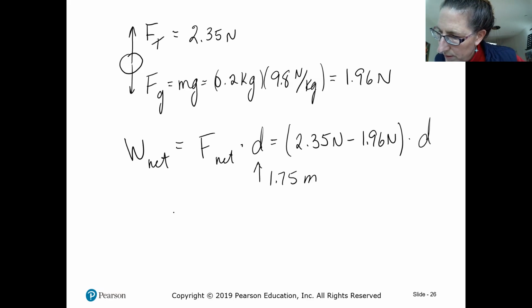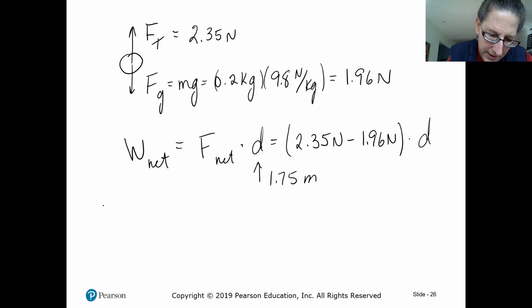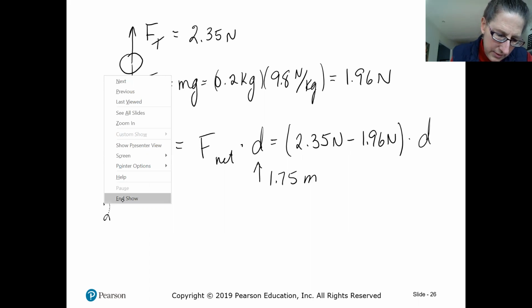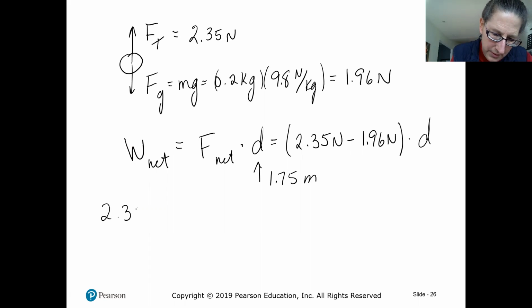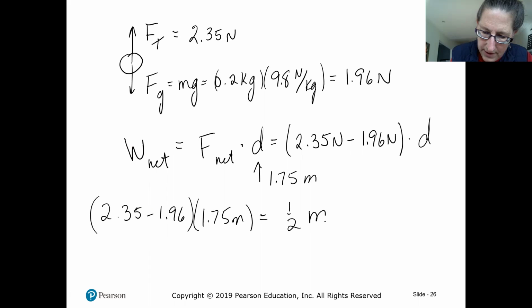We want the speed. So this is going to be 1/2 m v squared. Okay, that's the net work. And now we know that 2.35 minus 1.96 newtons times 1.75 meters is 1/2 m v final squared, and this is what we're after.